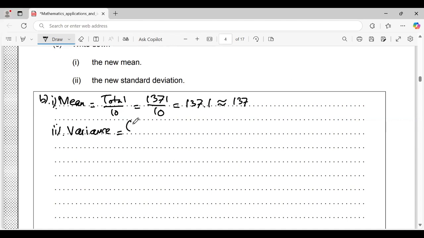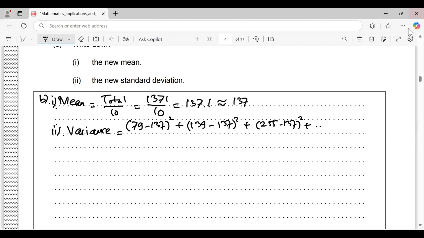The data minus mean are 71 minus 137 squared, 139 minus 137 squared, plus 255 minus 137 squared.